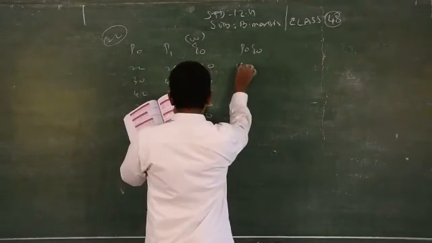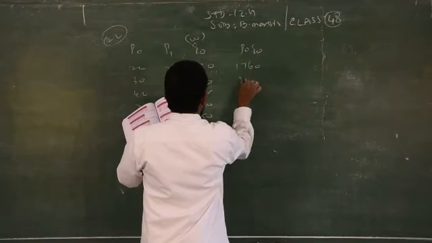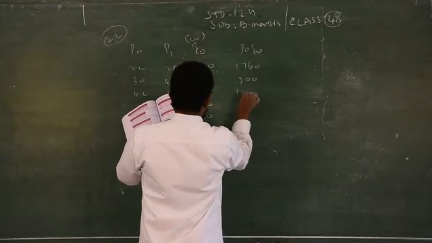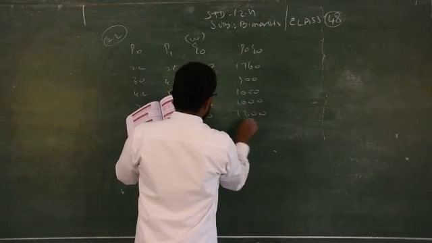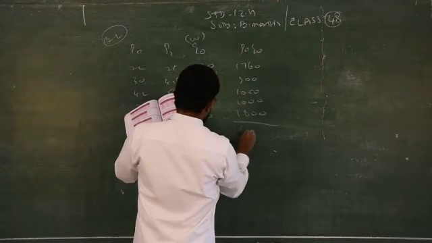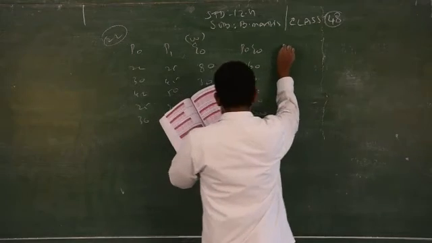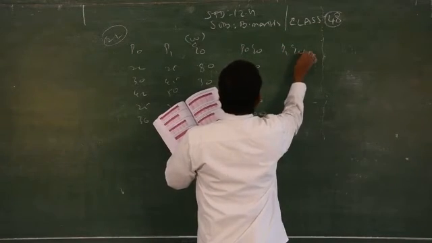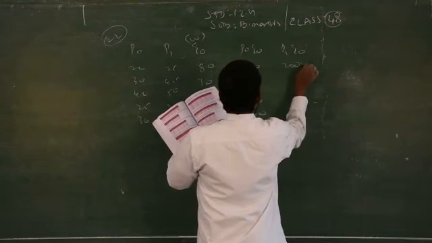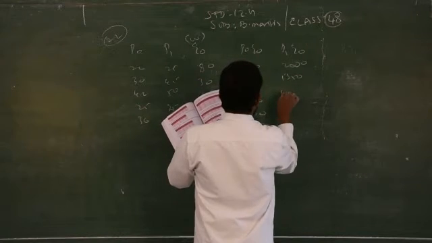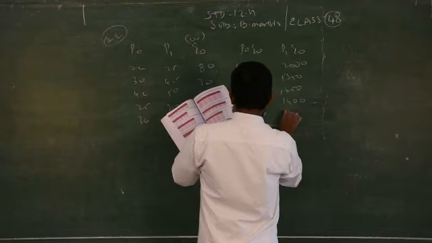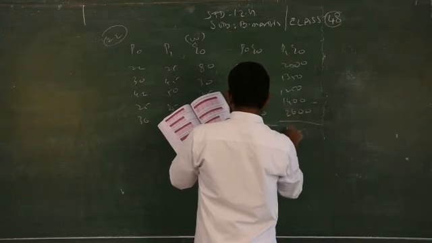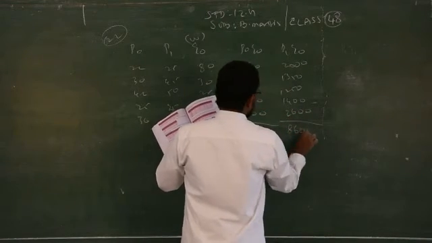I will write the answer, you please check. P0Q0: 900, 1050, 1000, 1800, this total is 6510. The next one, P1Q0: 2000, 1350, 1250, 1400, 2600. So the total is 8600, isn't it?